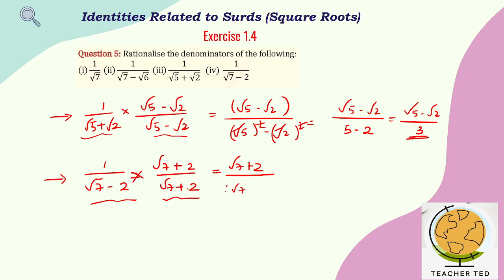Root 7 square minus 2 square. Here square and square root get cancelled. Here you need to do the simplification: 7 minus 2, so root 7 plus 2 whole divided by 5. So this is the answer for this question. I hope all of you understood this.